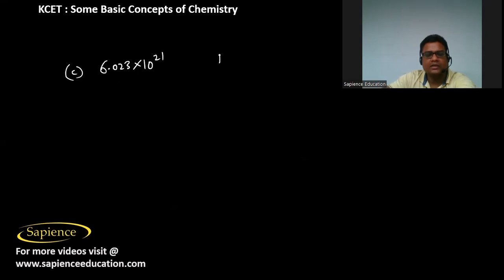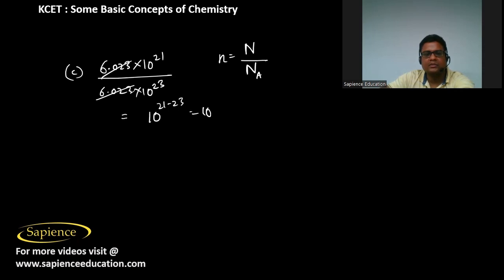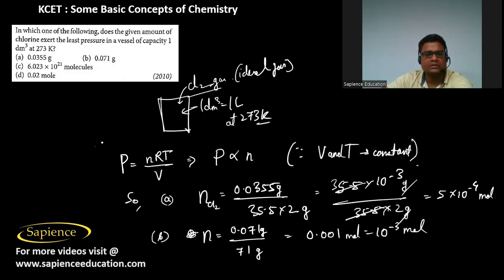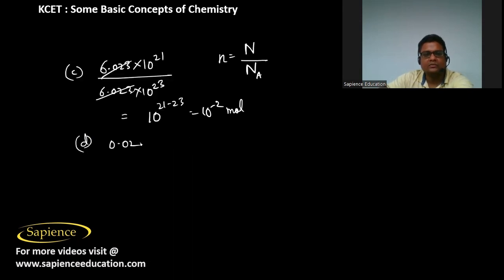So the number of moles is the given number of molecules divided by the Avogadro number, 6.023 into 10 power 23. 6.023 will cancel, that is 10 power 21 minus 23, that is 10 power minus 2 moles. And in the D option, it is 0.02 mole, that is 2 into 10 power minus 2 mole.